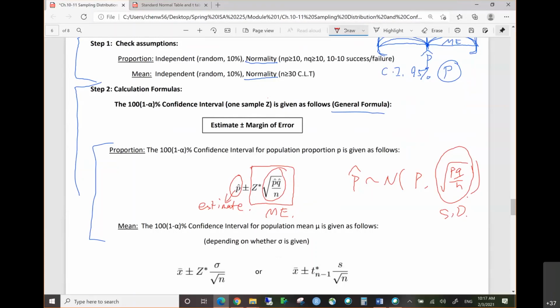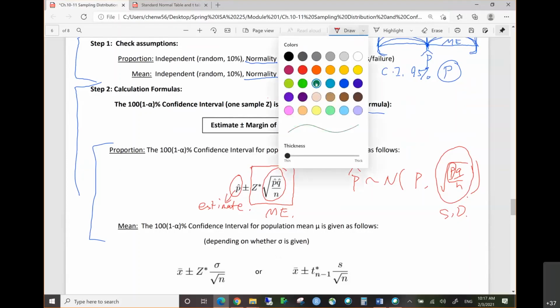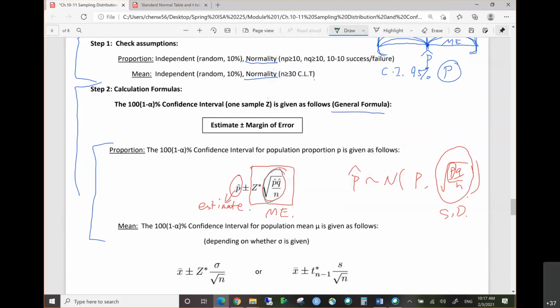But when we want to know about the population proportion, that means the p here is unknown. Instead, we want to replace it with p hat. So in the confidence interval, we have the square root of p hat times q hat divided by the sample size n. And this square root of p hat q hat over n, we cannot call the standard deviation anymore. We call it the standard error.